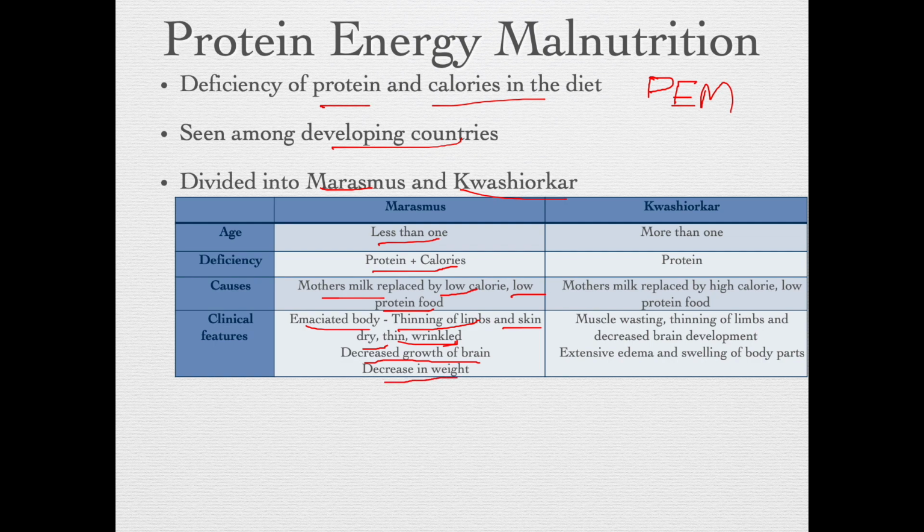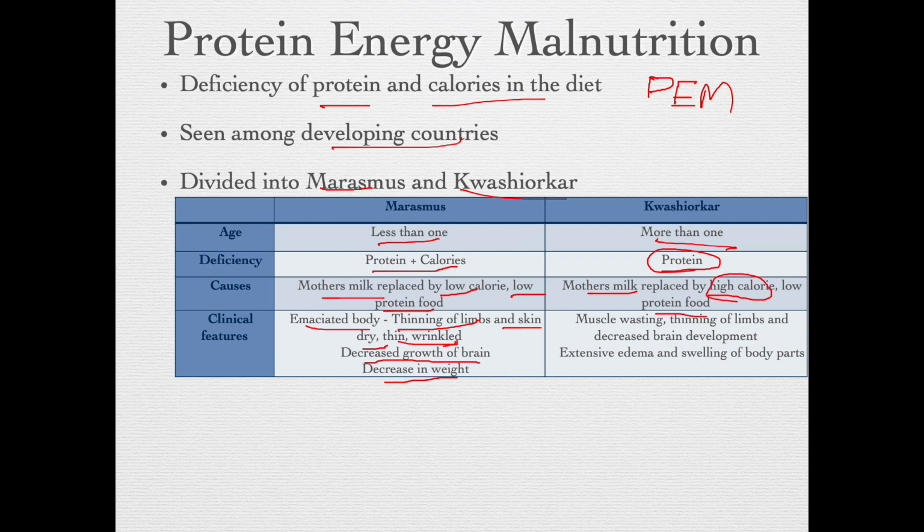To contrast this, kwashiorkor is seen in ages of more than 1. Here there is a deficiency of only protein and not calories. The causes of kwashiorkor are when the mother's milk is suddenly replaced by a high calorie, low protein diet.